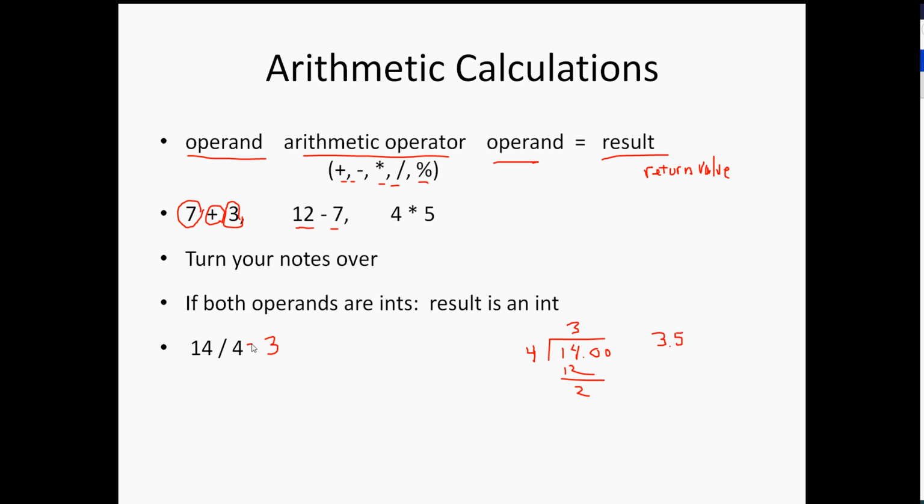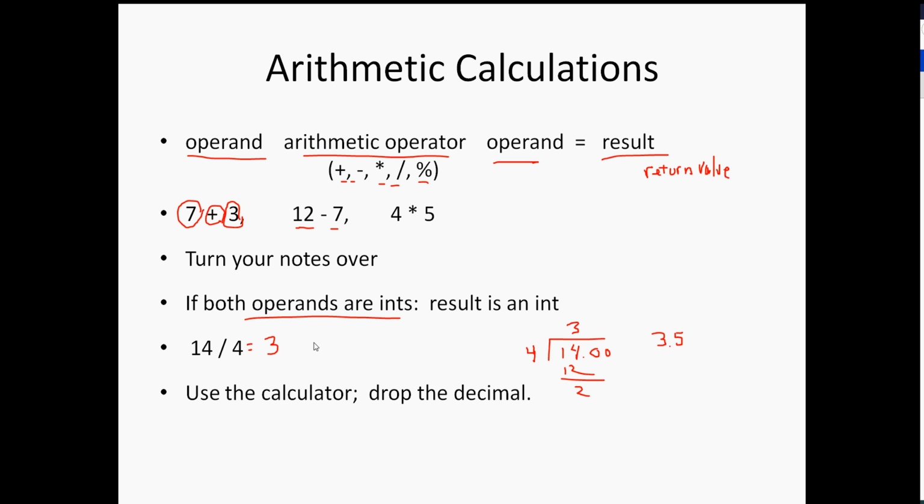So 14 divided by 4, and don't tell your algebra teacher or your geometry teacher this, is really 3. It's not 3.5, because an int divided by an int has to be an int. If both operands are ints, the result has to be an int.